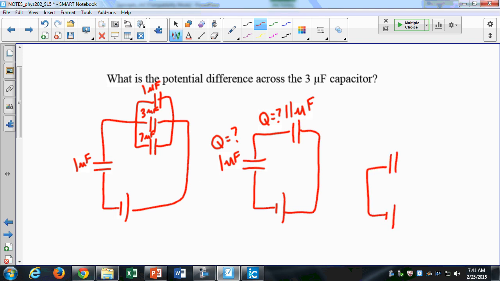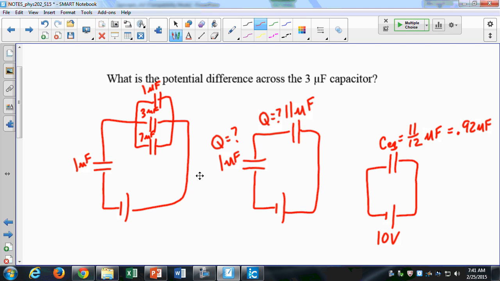We've done a similar problem to this, to the charge that is on this equivalent capacitor, which was 11 twelfths microfarads. I have 10 volts here. All right, 11 twelfths, by the way, is 0.92 microfarads.